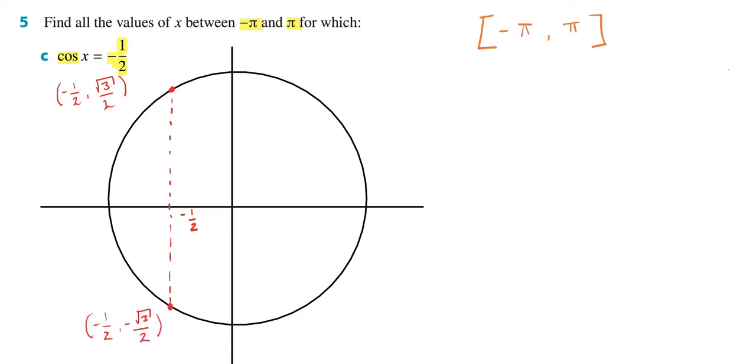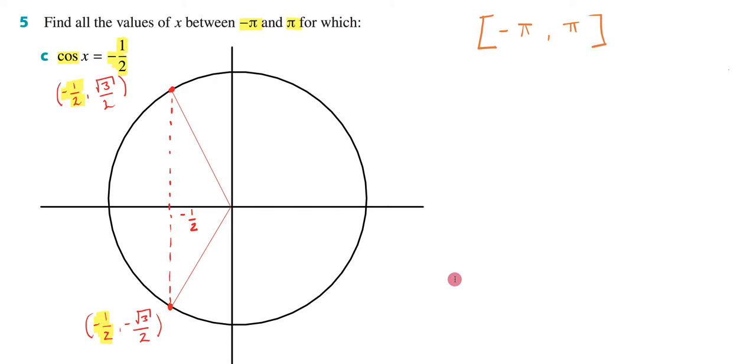Again, my coordinate consists of both an x and a y, but I only care about the x because I'm dealing with cos. So there and there. Next, I'm going to draw in my lines, from here to here, and then from here to here.